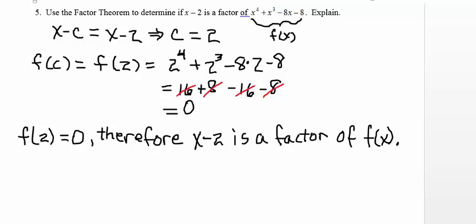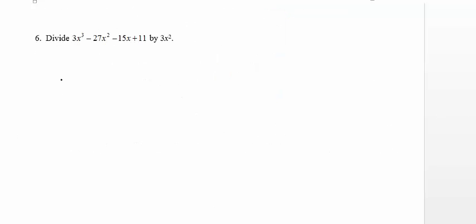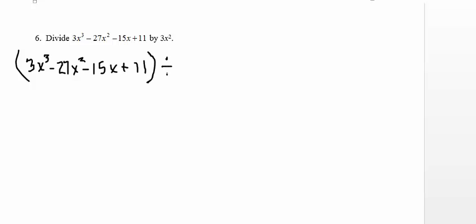Our final example is number 6, where we're dividing a polynomial by a monomial. We looked at this before we started the worksheet. We want to take 3x cubed minus 27x squared minus 15x plus 11 and divide it by 3x squared.